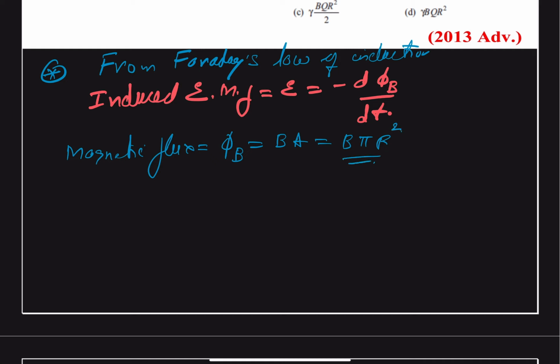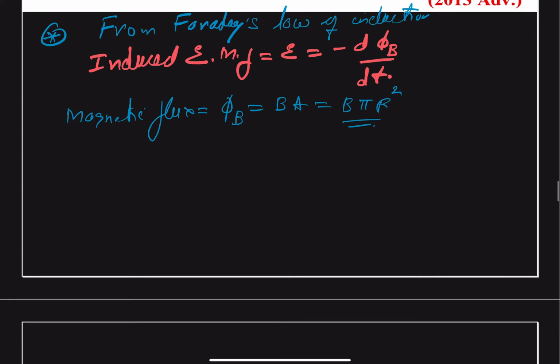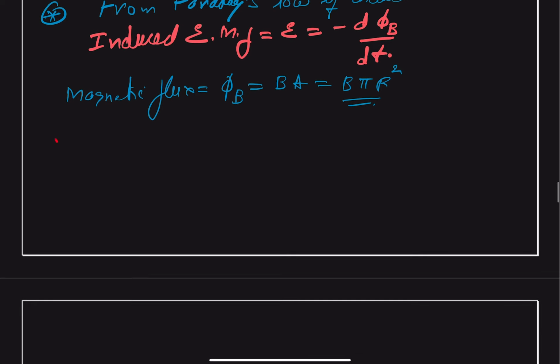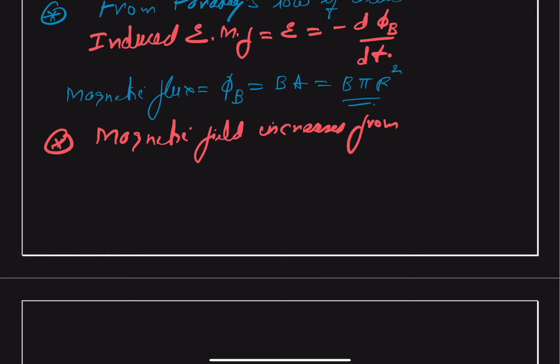And it is given that the magnetic field increases from 0 to B in 1 second. Therefore, we can write the rate of change of magnetic field. So we begin that magnetic field increases from 0 to B in 1 second.